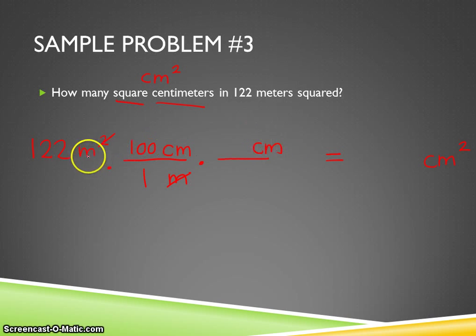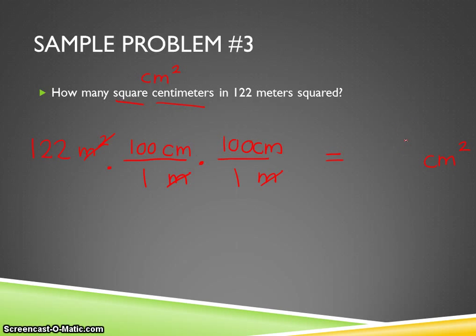And I also still have this problem of the meters over here. So if I do this again, 100 centimeters in every 1 meter, I notice that this meter divided by this meter cancels and leaves me with centimeter times centimeter, which is centimeter squared. So the units are all worked out.